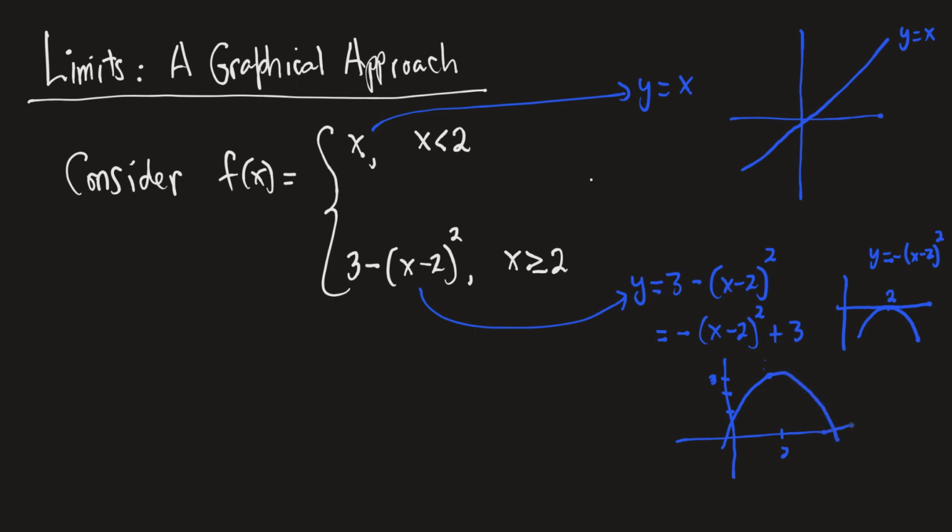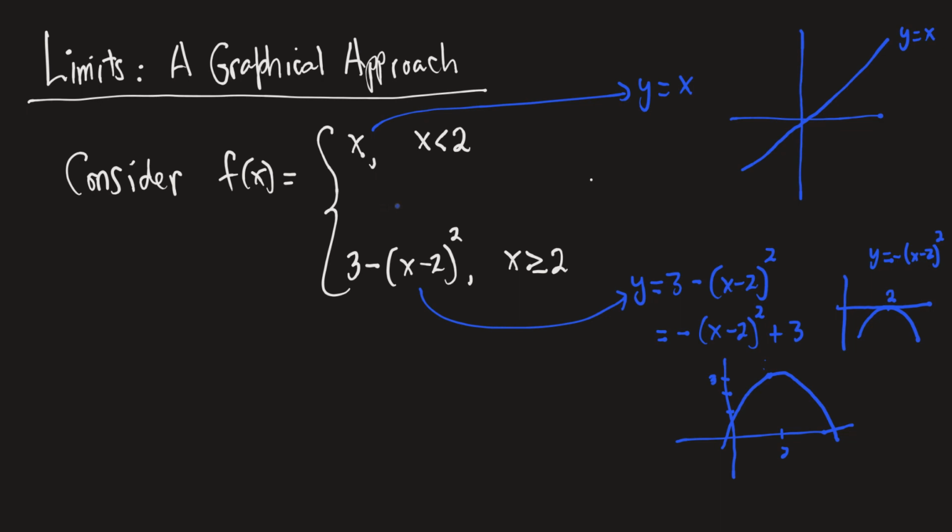Okay, so again, if you think of these two pieces as two separate functions, this would be your linear function, this would be your quadratic function, but we can't draw both of these and say, hey, this is the graph of f of x.